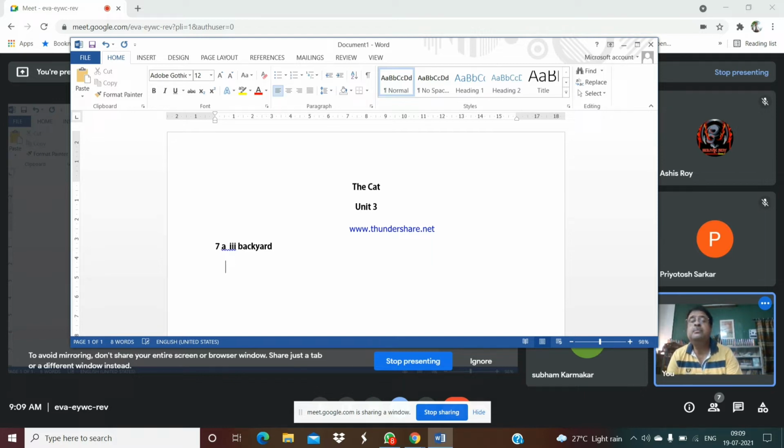B. Now, the cat skips to the roof of an empty shade.